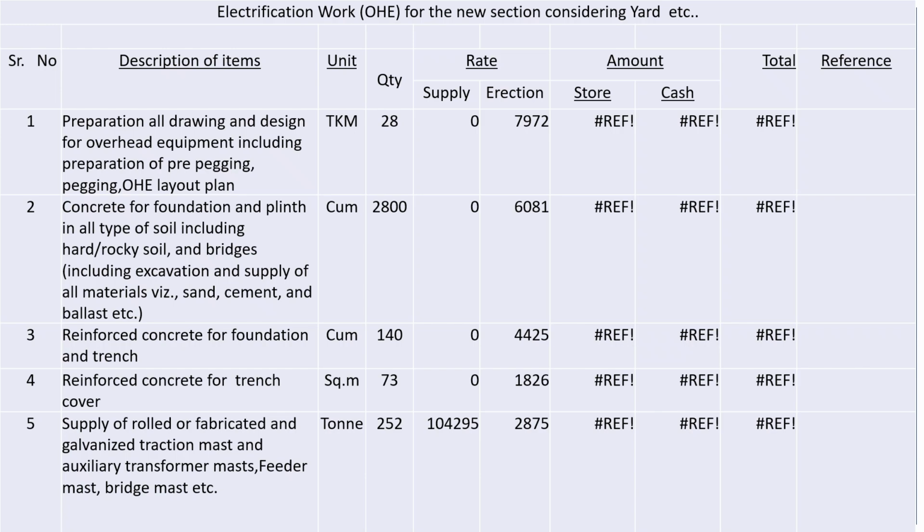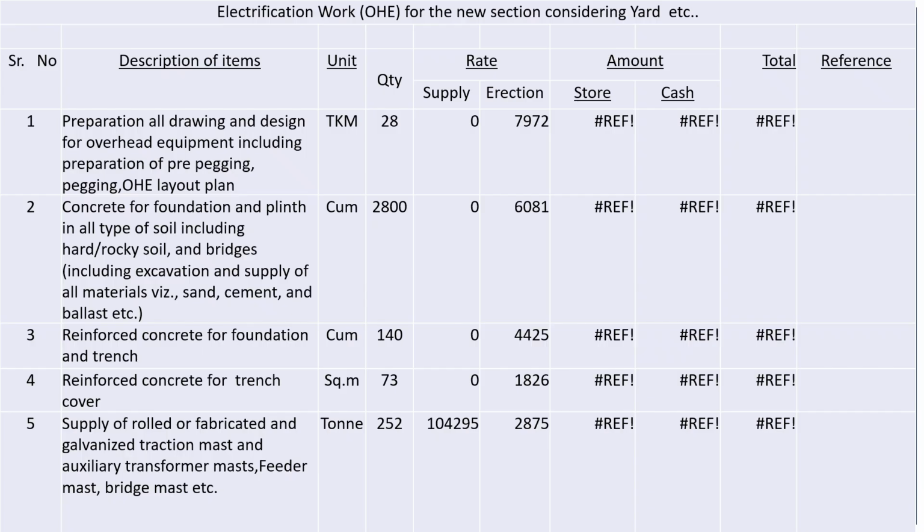Somewhere it is hard, rocky soil. Somewhere it is bridges. Reinforced concrete for foundation and trench. Somewhere we have to provide some trench. Trench is required for cable running in the switching post, in the TSS.